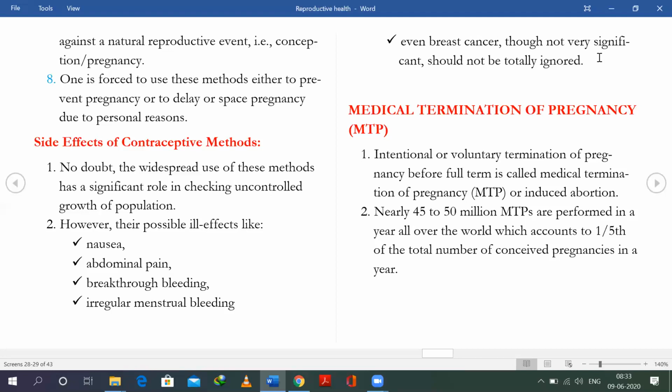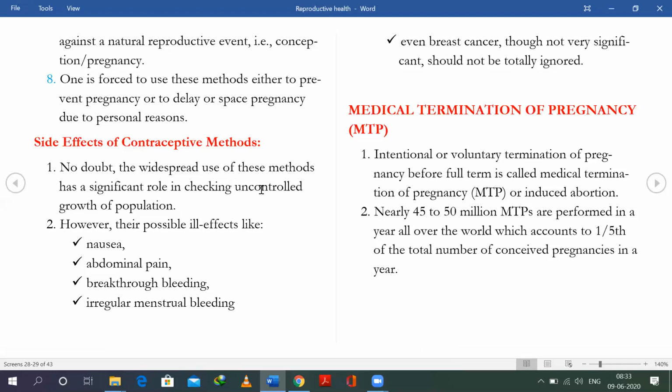These changes are identified to be not very significant, but we cannot ignore the side effects as well. There are side effects because you are using something which is against the natural method of the pregnancy.